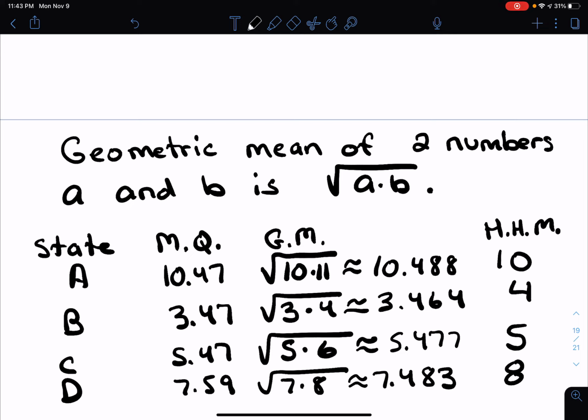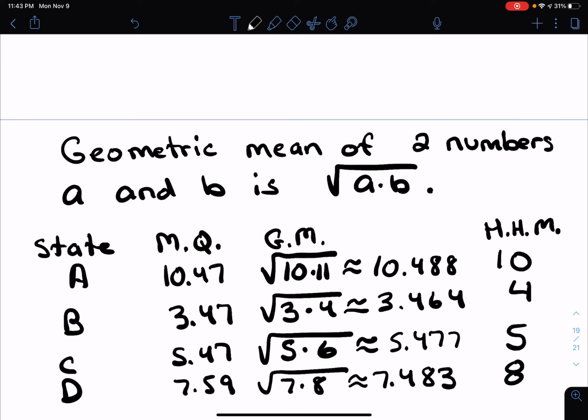So you go through all the states, and all the things that get representation, and you come up with these modified quotas based on how many people there are, based on how many seats each state gets, etc. And then to decide how to round, you use the geometric mean.